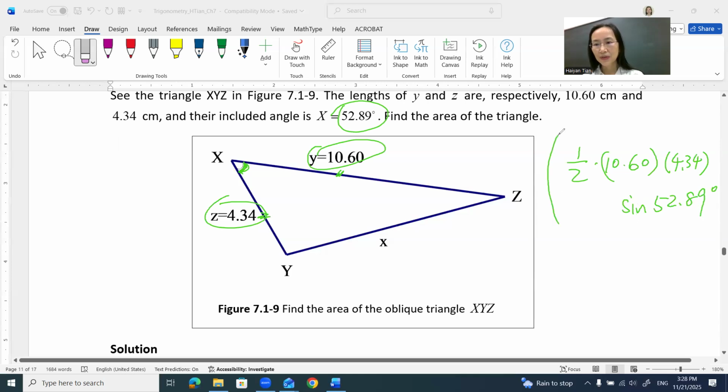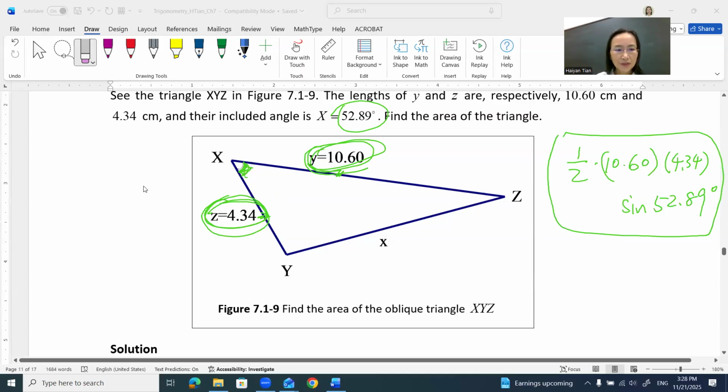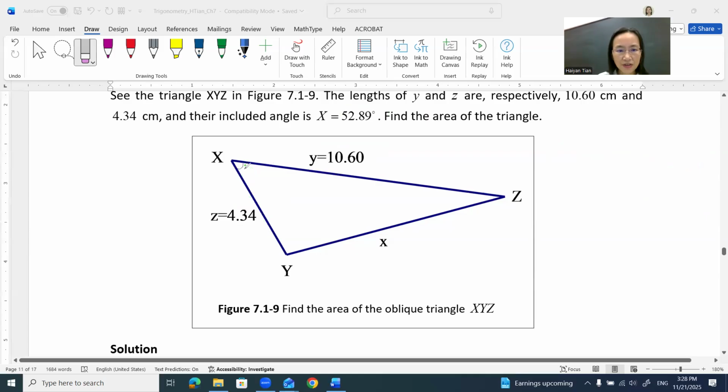That will give you the area. So the formula is simply the product of the two sides times the sine of the angle formed by the two sides, divided by 2.